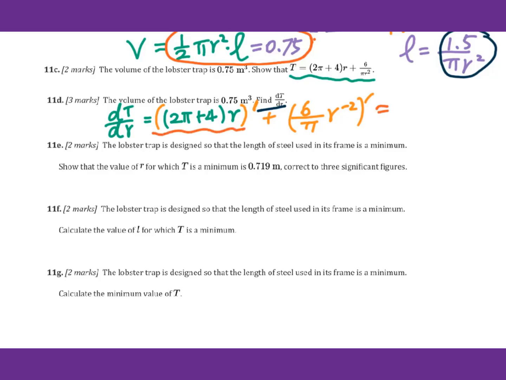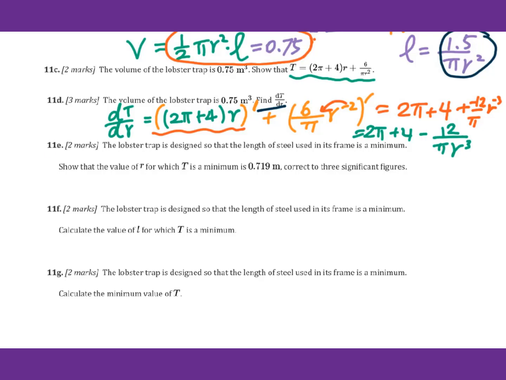For this one, that's a linear function, so we have 2 pi plus 4. Then plus, drop this negative down, we have negative 12 over pi r to the negative third power. We organize, you will get 2 pi plus 4 minus 12 over pi r to the third power.